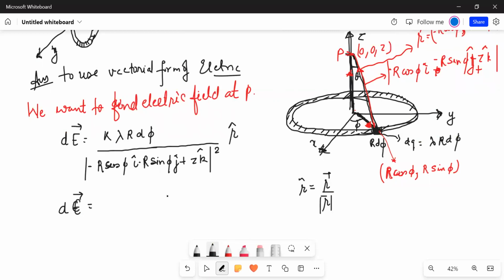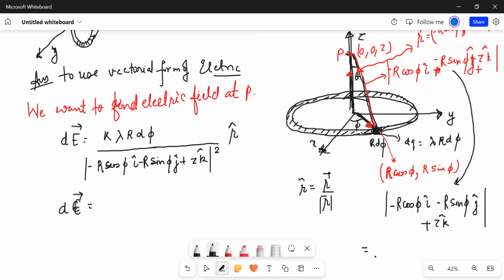So I'm writing it here: modulus of minus r cos phi i cap minus r sin phi j cap plus z k cap. This is equivalent to root over r square cos square phi plus r square sin square phi, plus z square, which is simply root over r square plus z square.